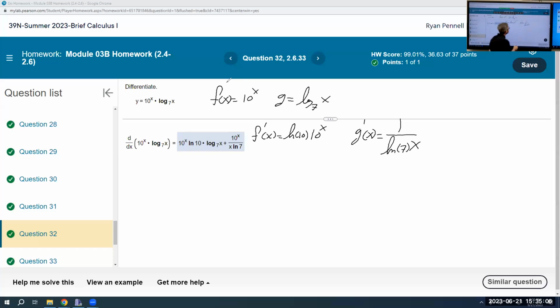All right, so product rule: f prime times g plus f times g prime.